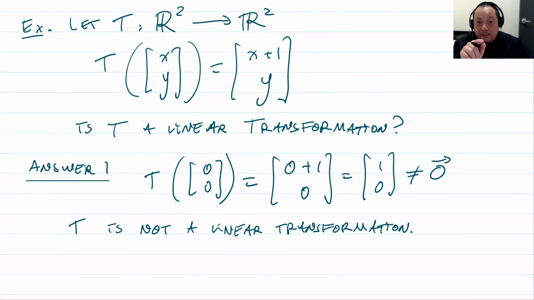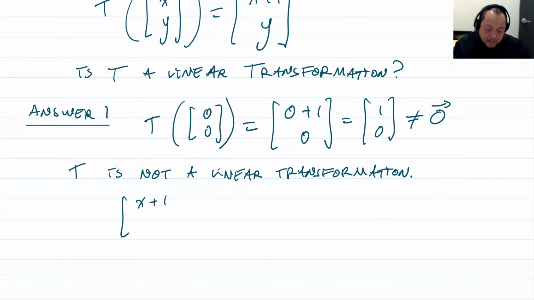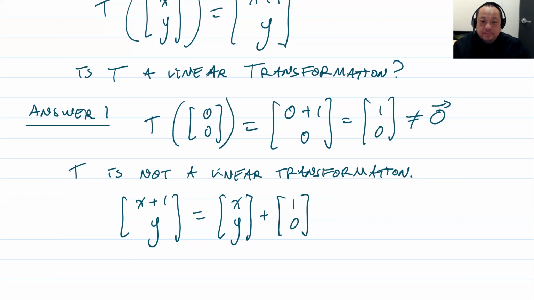By the way, if you look at that vector (x plus 1, y), it can be split into two vectors like this: (x, y) plus (1, 0). You can see that this is very similar to that example we did earlier with g of x equal to 2x plus 1. It is this plus 1 that messed up our linear transformation.